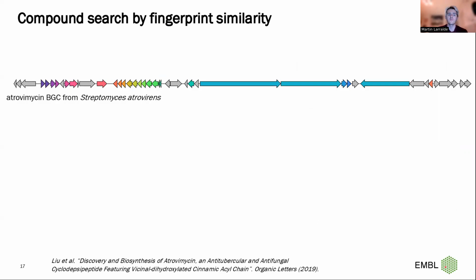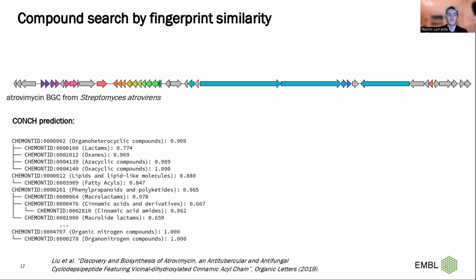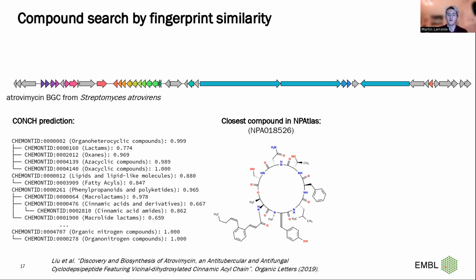So we can, for instance, take a BGC. For this example, I'm taking a known BGC, which is the atrobimycin BGC from Streptomyces atrovirens. It's not a gut bacterium. Then we can pass it through CONC, where it will produce the entire chemical taxonomy for this BGC based on its composition. Then we can look in the Natural Product Atlas for a similar compound. And this is the compound that it found based on this fingerprint.